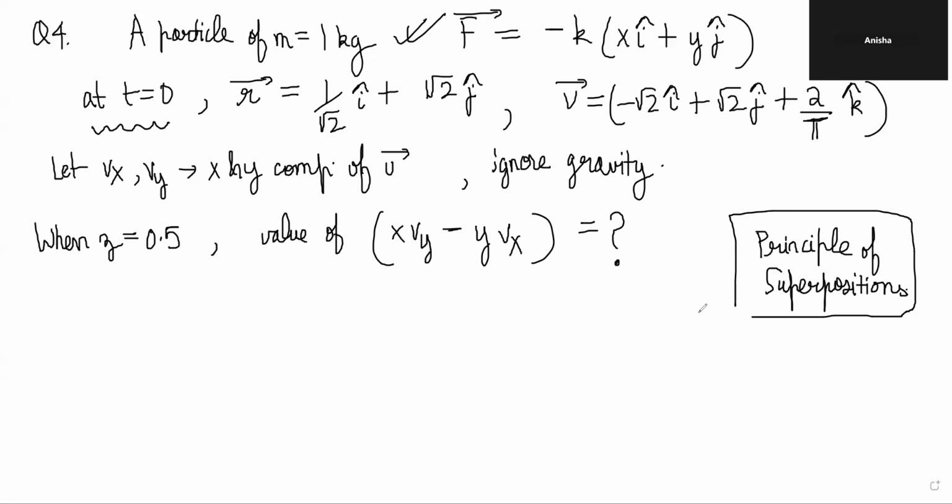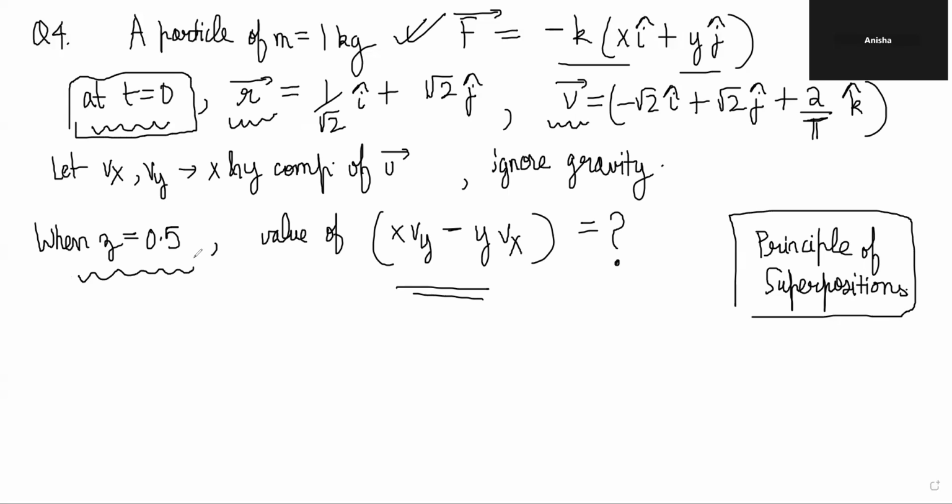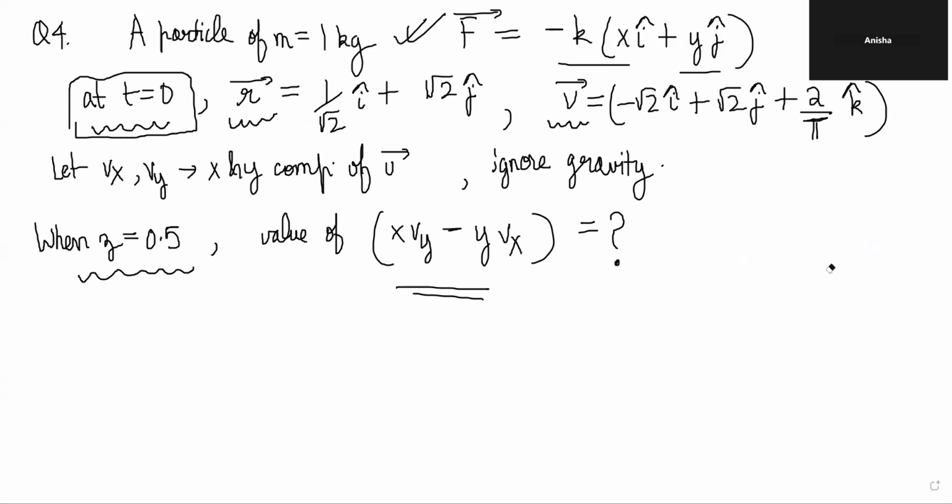There is force in both X and Y, so it is SHM in the X direction and also in the Y direction. They have given the initial position and velocity at t = 0 and are asking for this at a later moment. Don't get overawed by the calculations. It's actually simple, just a little bit of calculation is required.